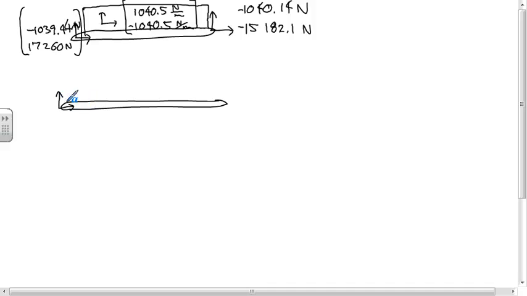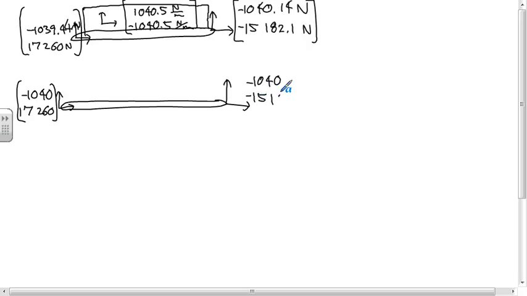So we have the force vector of minus 1040, and the y component is 17,260. Over here we have the vector of minus 1040, minus 15,182.